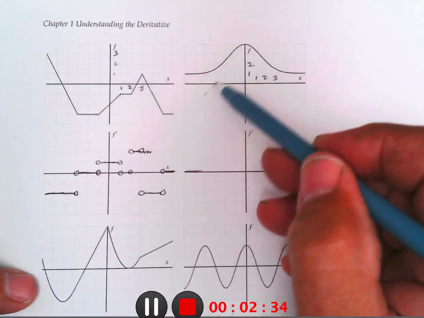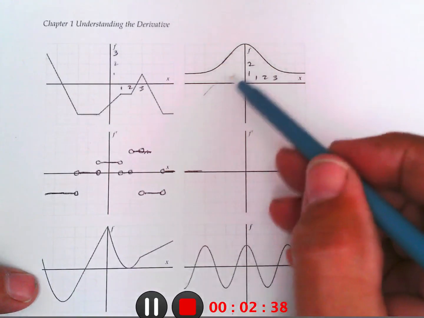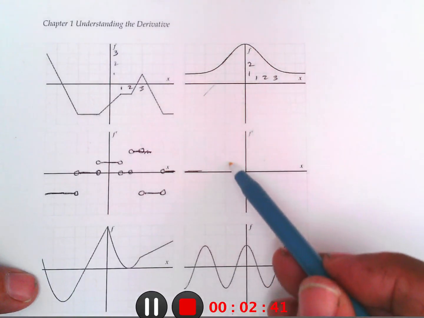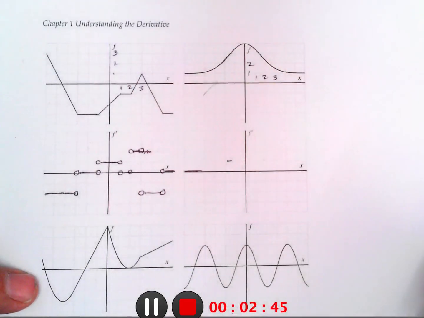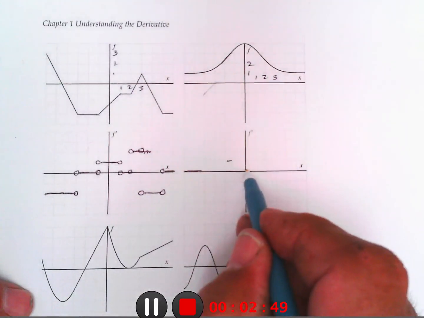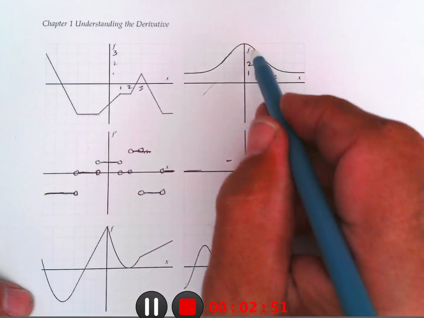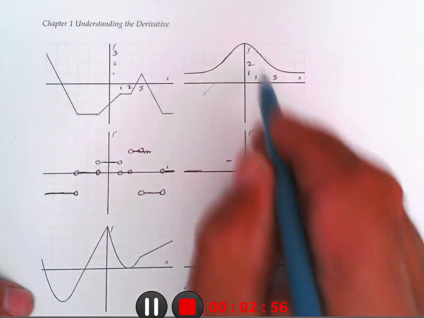Looks like that's about what it is in this part right here. So right around there, it's at 1, and that looks like it's the steepest positive it gets. Up here, the slope is 0. Here, the slope is negative 1, and that's about as steep downhill as it gets.